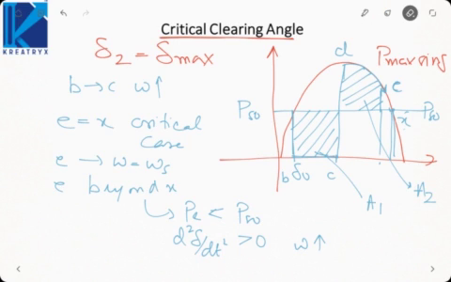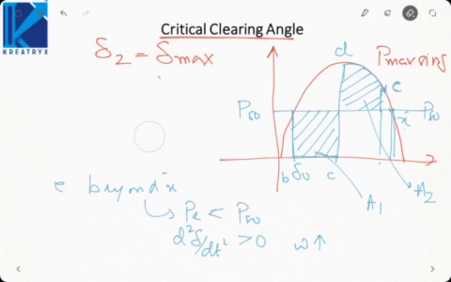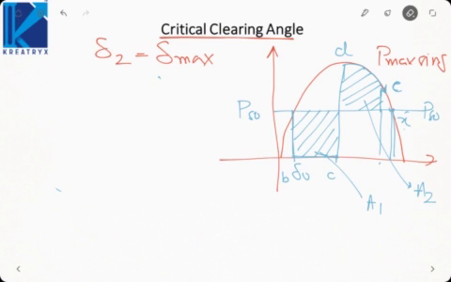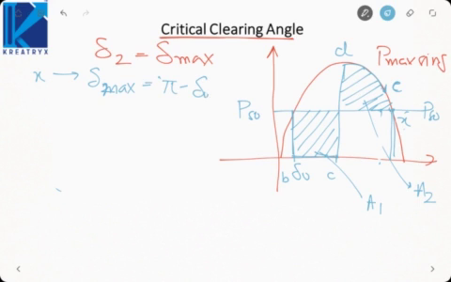That is why at the most E can lie at the point X. This will be my decelerating area. So X is corresponding to delta 2, or let us say delta max, which is equal to pi minus delta naught. As I told you, when two points are symmetrical, one is theta, other is pi minus theta.